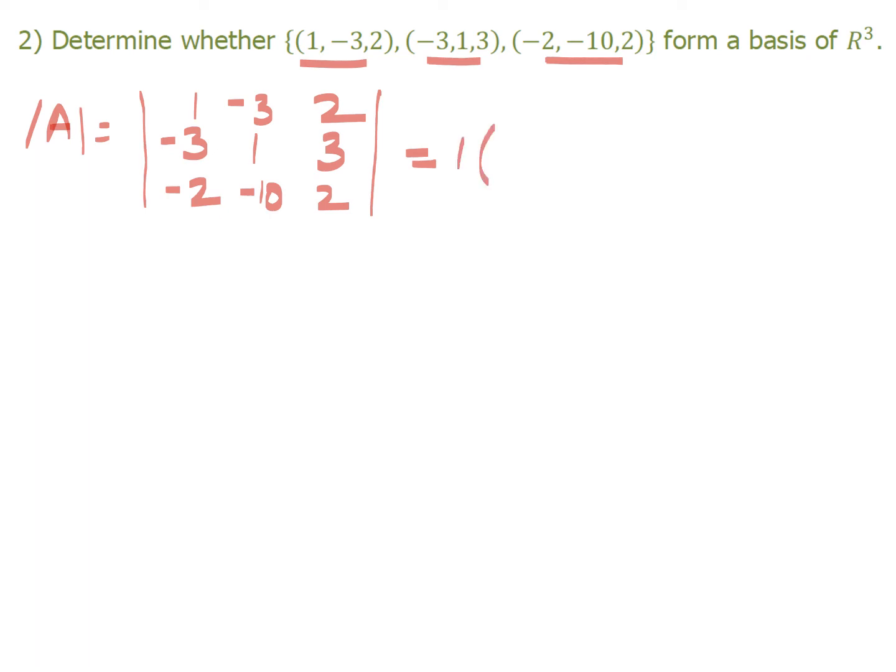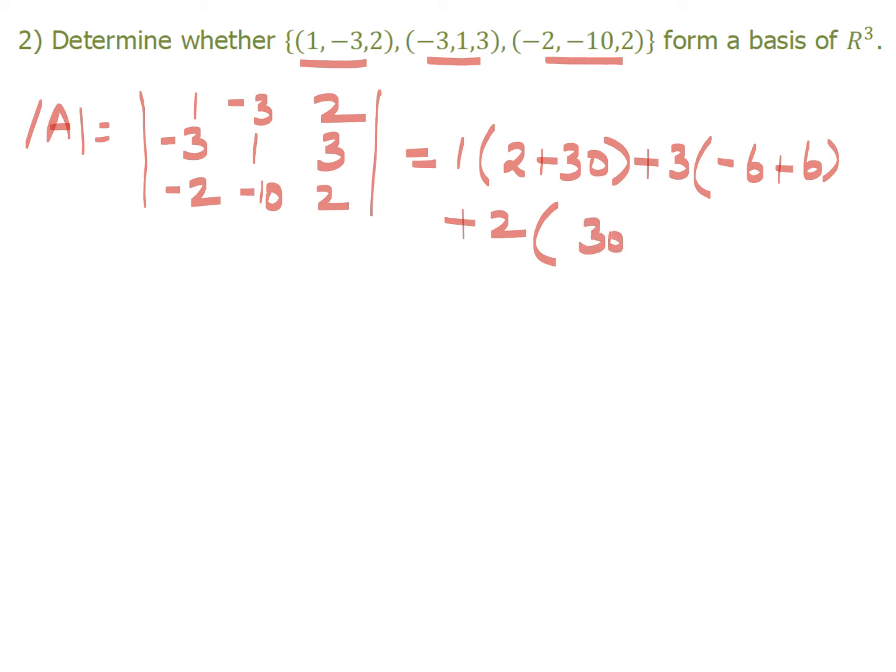So it is 1 into (2 plus 13). Then the second one, it is plus 3 into (minus 6 plus 6). And the last one, 2 into 13. So this one is simplified: 32, first one, second one 0, third one 64.